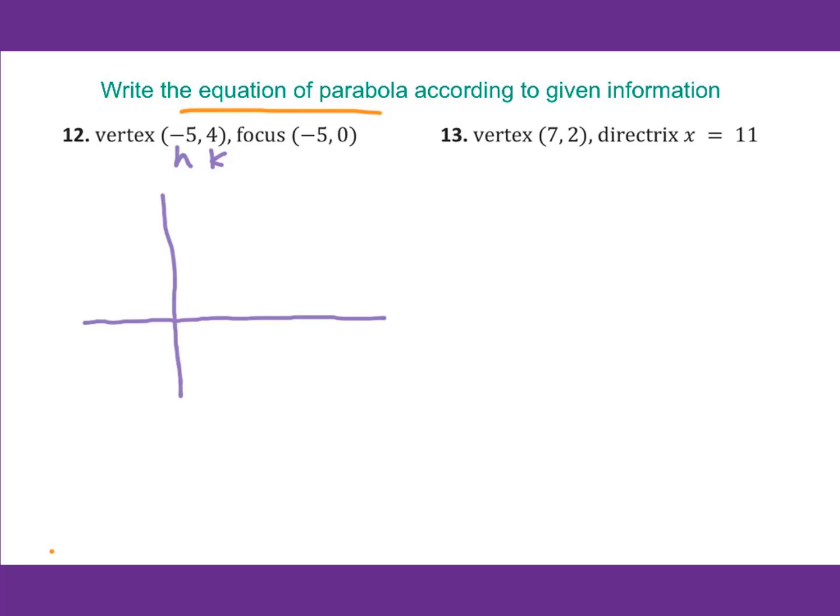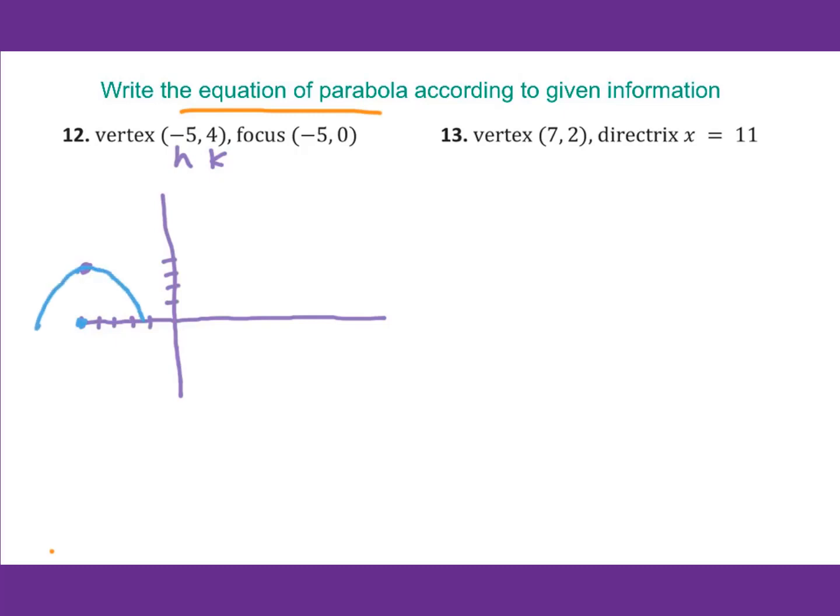So we got (-5, 4), it's over here. For the focus, we got (-5, 0), it's here. We can predict the graph like this.